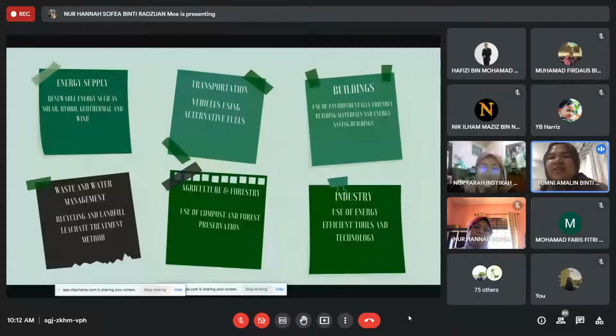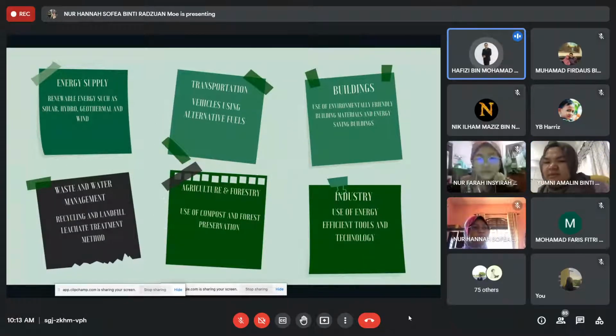Okay, next is transportation, which is vehicles using alternative fuels. So it's either using electrics, just like Tesla, and also there are biofuels that don't harm the environment, and normally there is also usage of hydrogen. You can put a sample picture for each category, yeah?